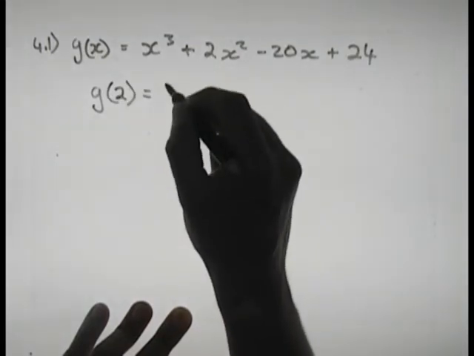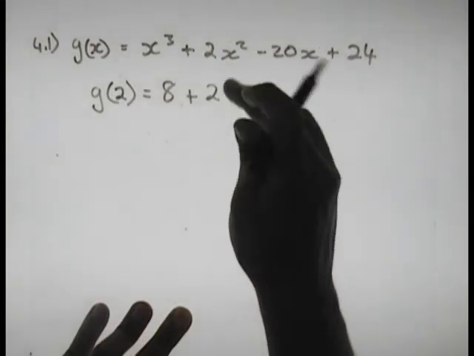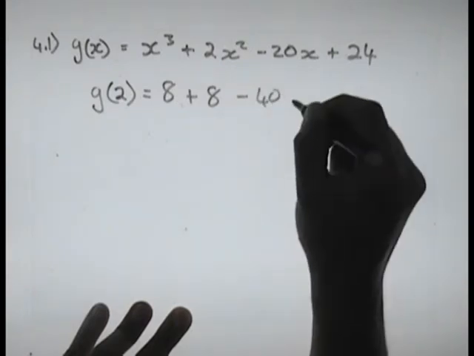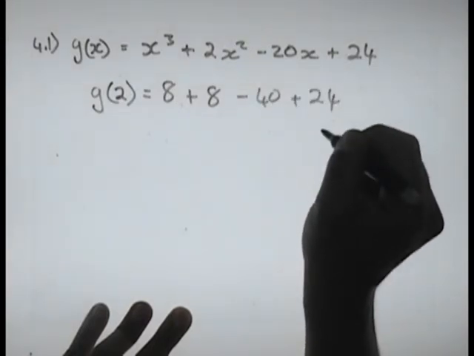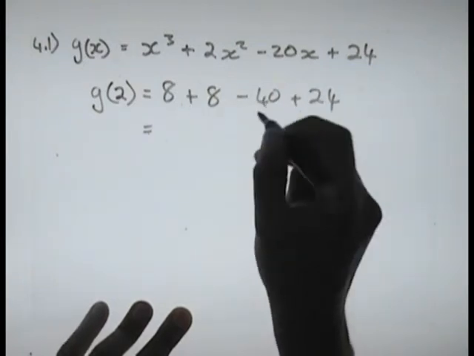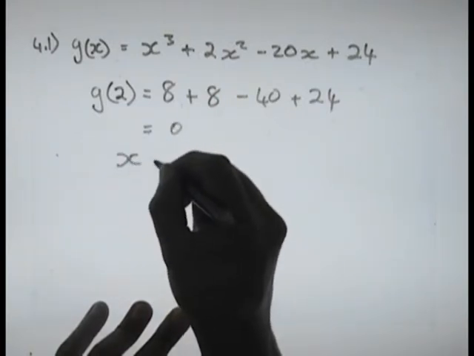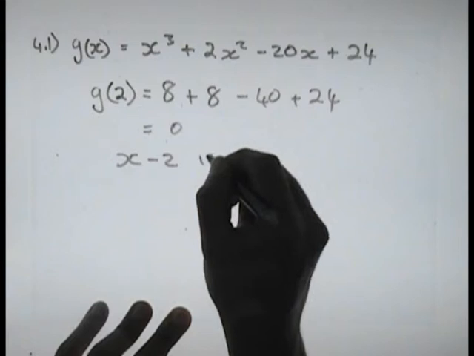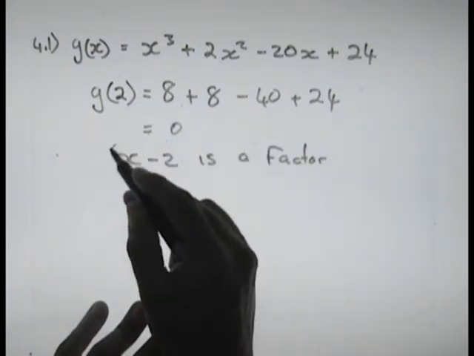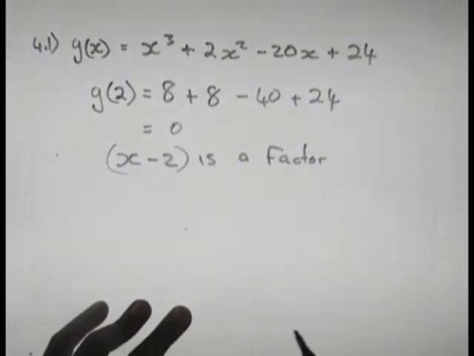G of 2 will equal 2 cubed, which is 8, plus 2 times 4, which is also 8, minus 40 plus 24, which is equal to 8 plus 8 is 16, minus 40 is negative 24, plus 24 is equal to 0. That means that x minus 2 is a factor. I'm going to use this and synthetic division to find my other two factors.